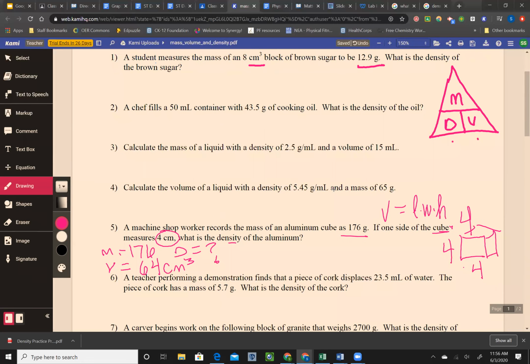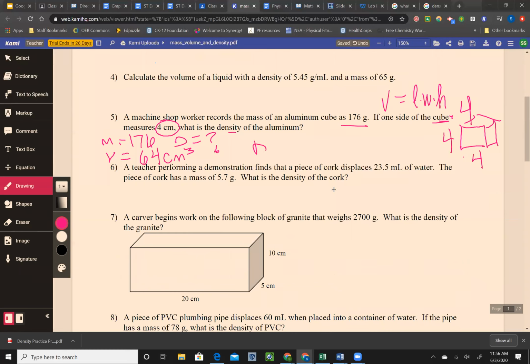Density is mass divided by volume. So density equals 176 divided by 64. Plug that into your calculator and you will have your grams per cubic centimeter, right? Just put the number right here. That's the answer.